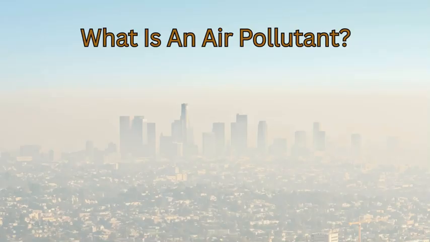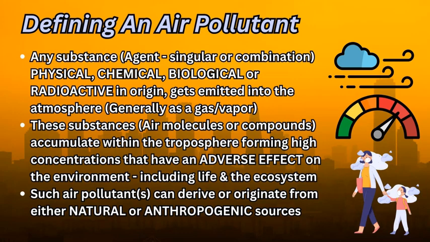What is an air pollutant? We've established that photochemical smog is an air pollutant. Now first, let's look at what an air pollutant is. By definition, an air pollutant is any substance by itself or in combination with any physical, biological, chemical, or radioactive substances or matter that is emitted into the atmosphere and becomes concentrated.